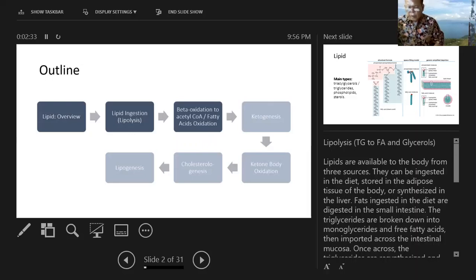If excess acetyl CoA is created and overloads the capacity of the Krebs cycle, the acetyl CoA can be used to synthesize ketone bodies. When glucose is limited, ketone bodies can be oxidized and used for fuel. Excess acetyl CoA generated from excess glucose or carbohydrate ingestion can be used for fatty acid synthesis, or lipogenesis.